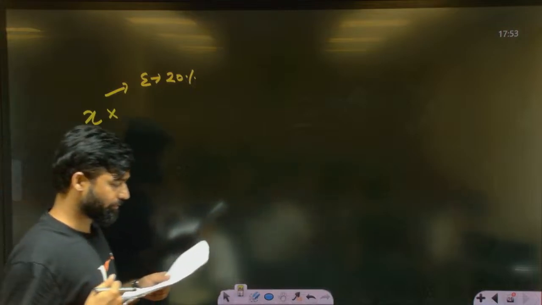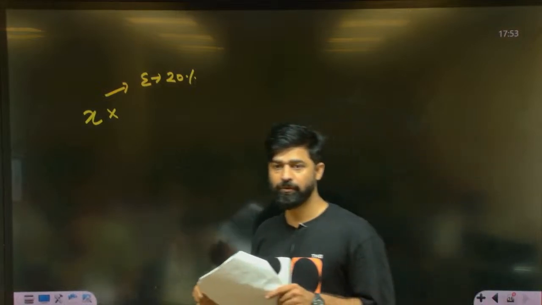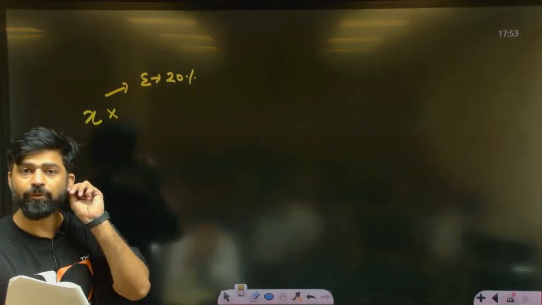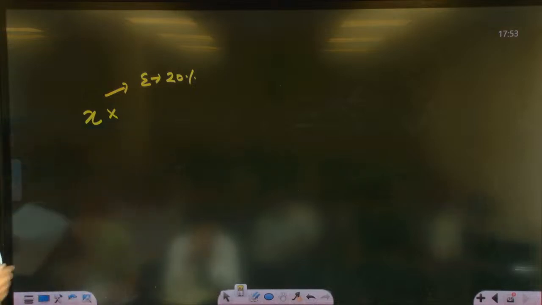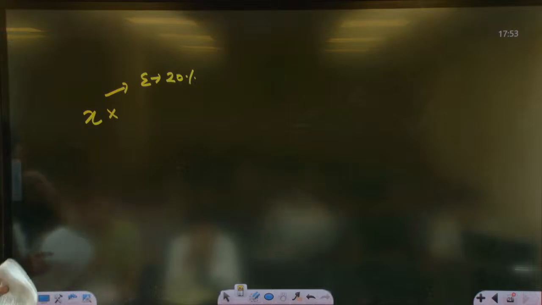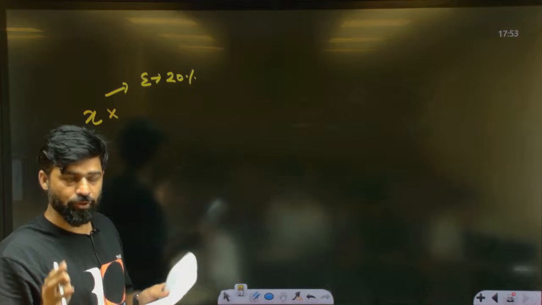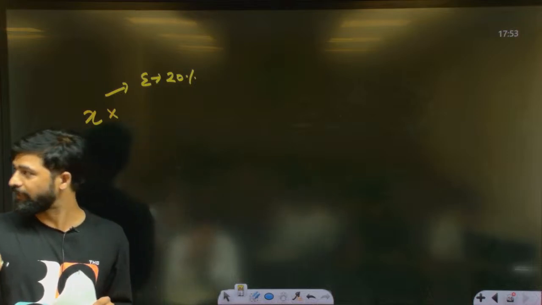And read the next line. 30% of the remaining to his younger son. It means after giving the 20%, what is he left with? 80%. 100 minus 20, so he is left with 80% of his wealth.